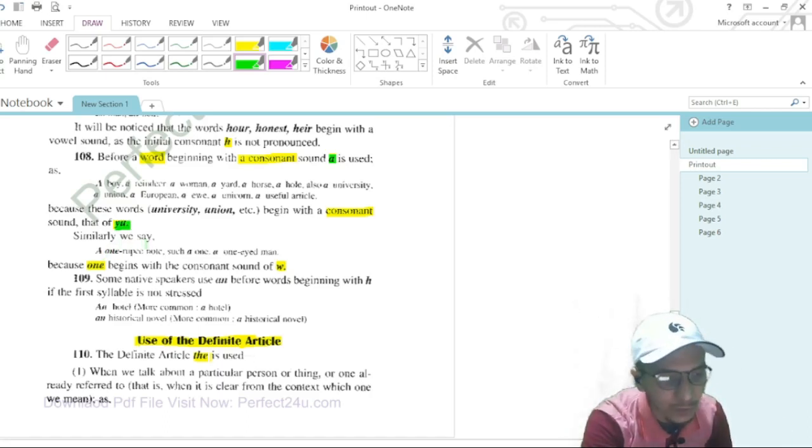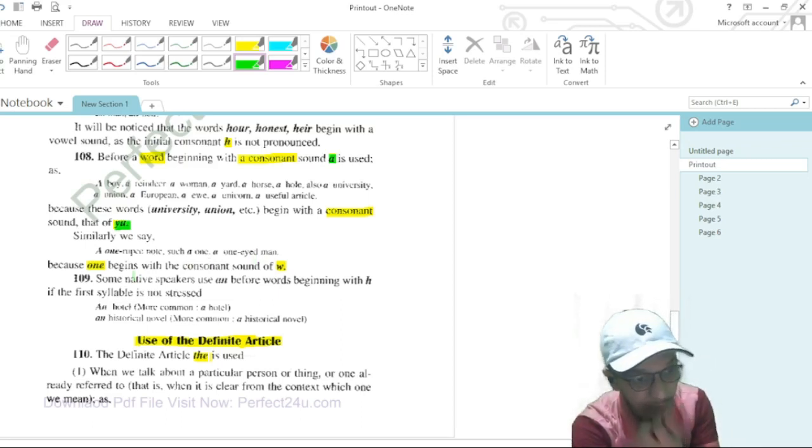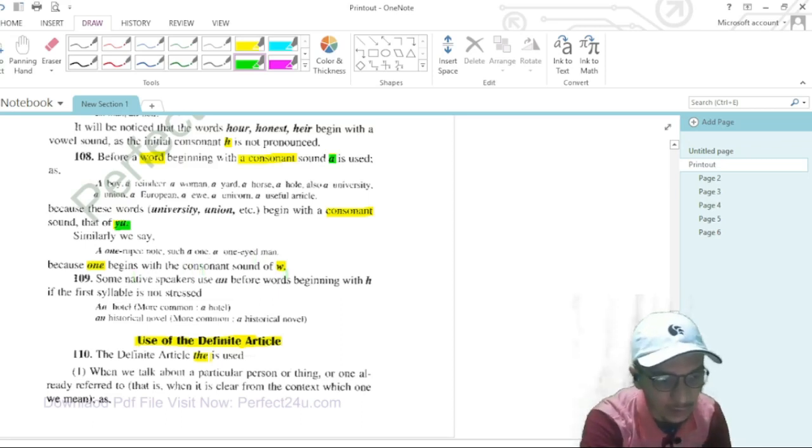Similarly, we say a one rupee note, a one-eyed man, because one begins with the consonant sound w.